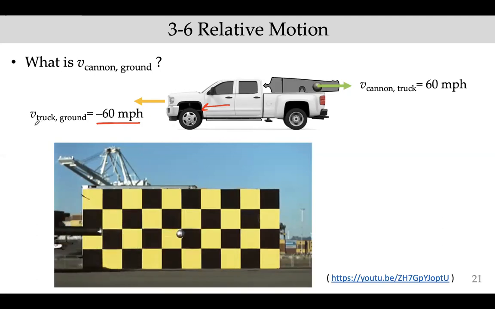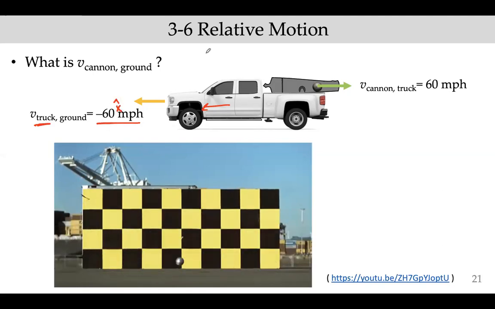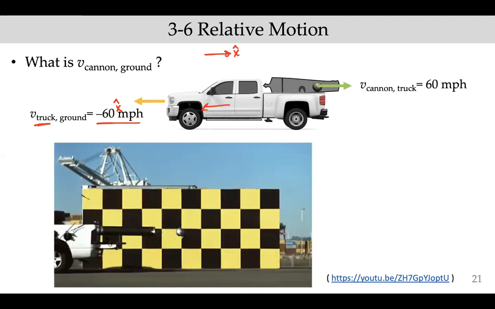So the velocity of the truck with respect to the ground, maybe I can put x hat here, is in the negative x hat direction. Let's define my coordinate system like this. So the speed of the truck with respect to the ground is 60 miles per hour.